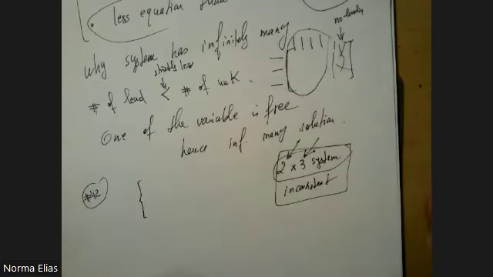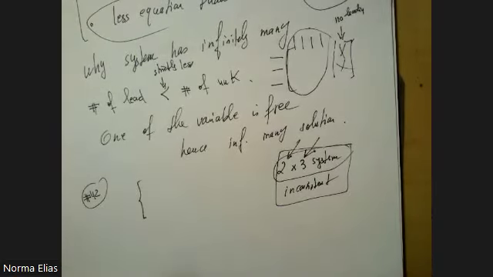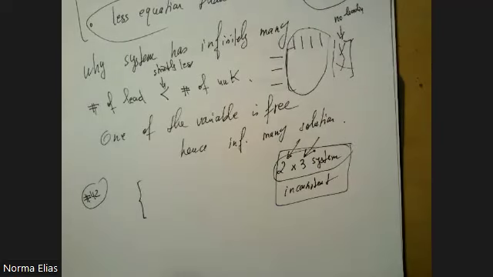Who can give me an example of a 2 by 3 system which is inconsistent? I'm listening. Ideas.